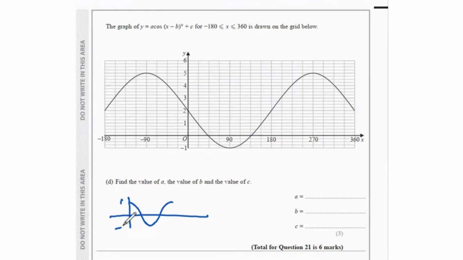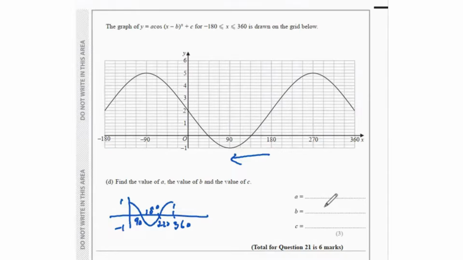This is 1, this is -1, this is 90, 180, 270, and this one is 360. As you can see, the minimum value is at 90, which means the graph has shifted 90 units to the left-hand side.